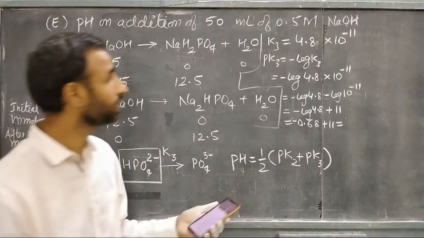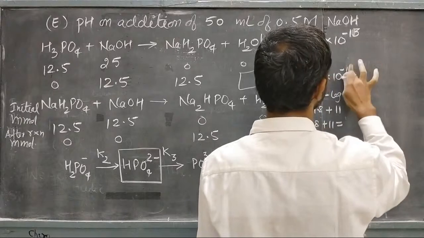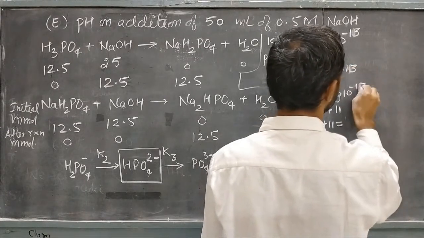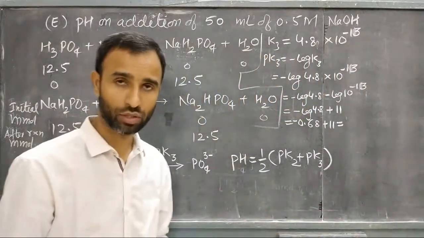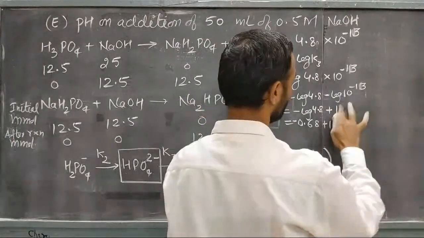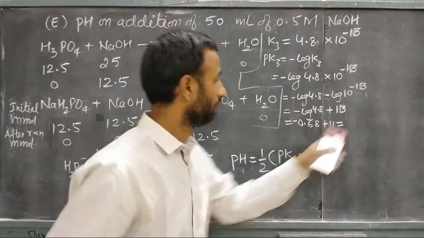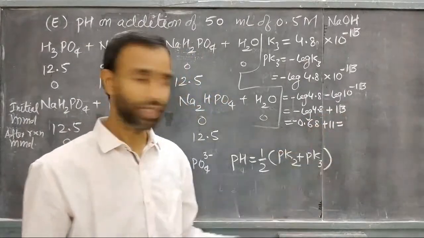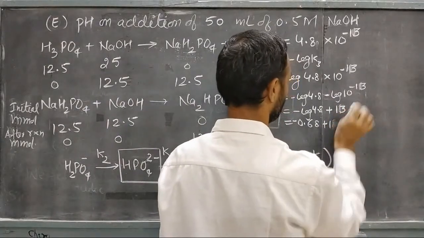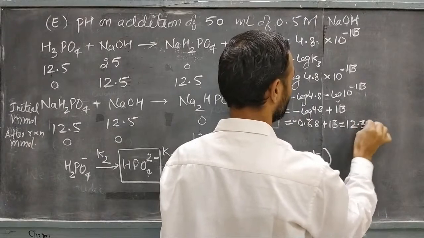Sorry, K3 is 4.8 into 10 raised to minus 13. At the start we had written it wrong, please correct it. It is 13. So pK3 is 13 minus 0.68, so the value comes out to be 12.32.